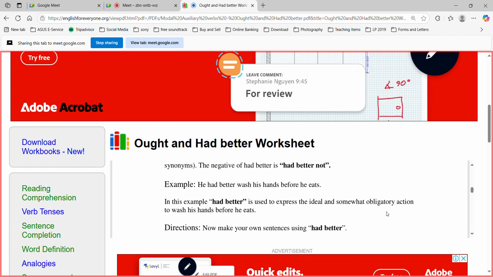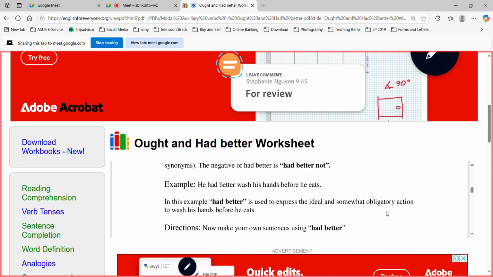In Malay, dia lebih baik basuh tangan dia sebelum dia makan. In this example, had better is used to express the ideal or somewhat obligatory action to wash his hands before he eats. So you can differentiate between ought to and had better.